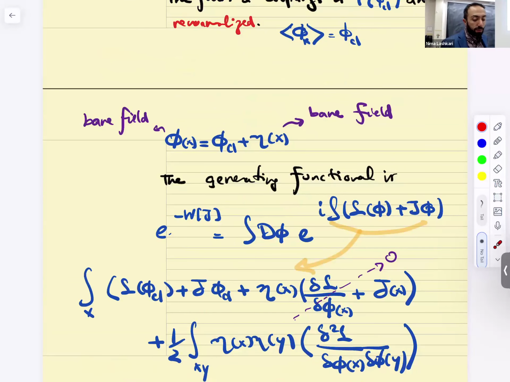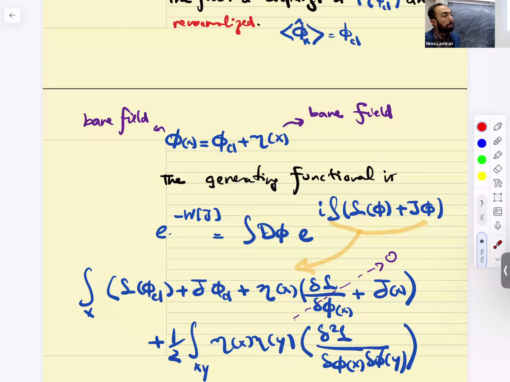So how does it work? Well, recall the way we're defining things. Here's phi renormalized. The 1-point function by definition is phi classical, right? If you remember, what we did before was that we wrote phi as phi renormalized times some constant.